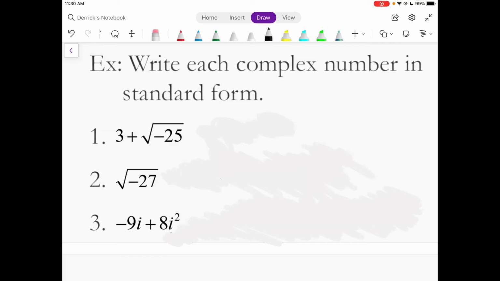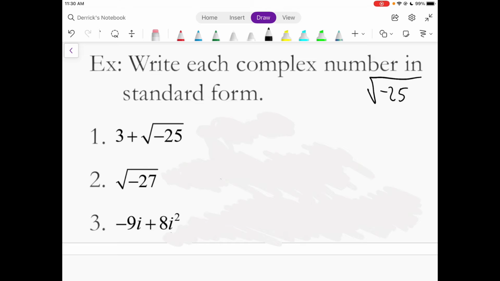So with our first one here, we've got 3 plus the square root of negative 25. Well, our first step certainly needs to be simplifying the square root of negative 25 to see what we're even dealing with there. If we look at the square root of negative 25, as it stands right now, we have a problem because we are square rooting a negative number.